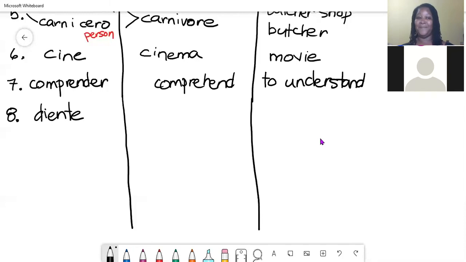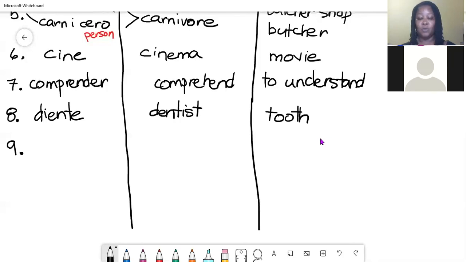Diente. Now, diente resembles dentist, and dentists deal with your teeth. In this case, diente is singular, so we'll just write it as tooth. But diente means tooth. Número 9.